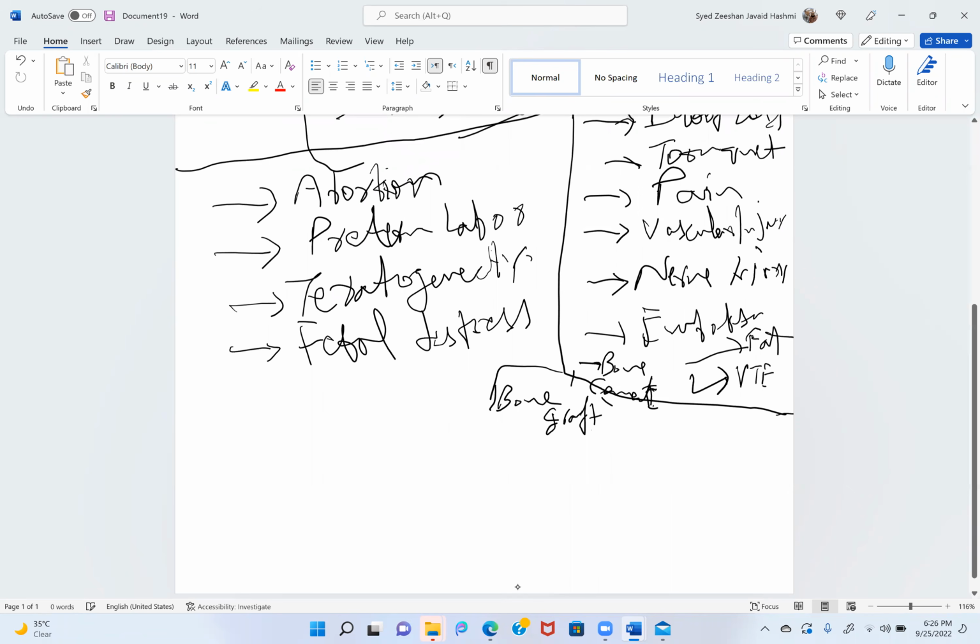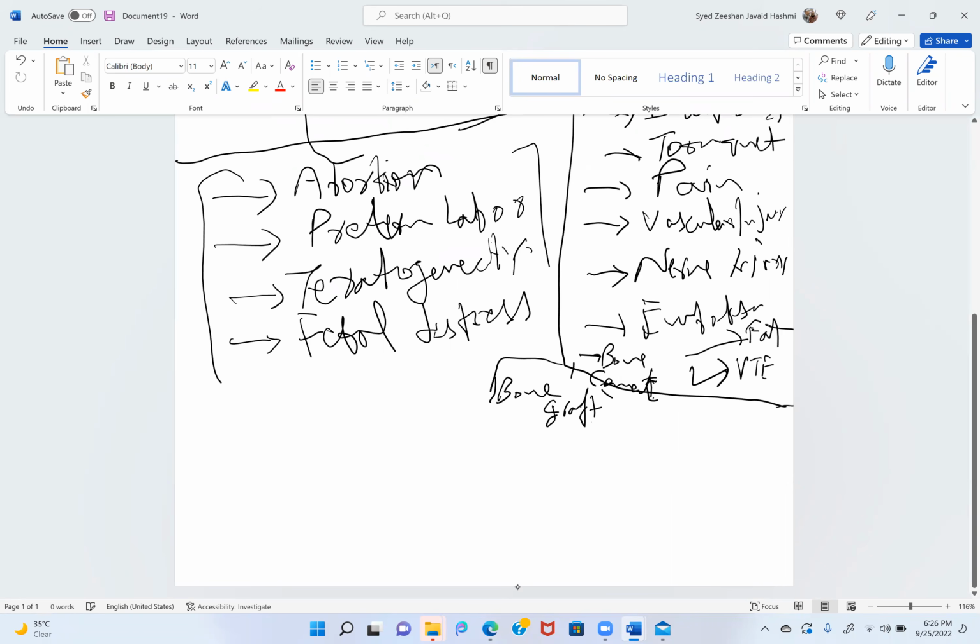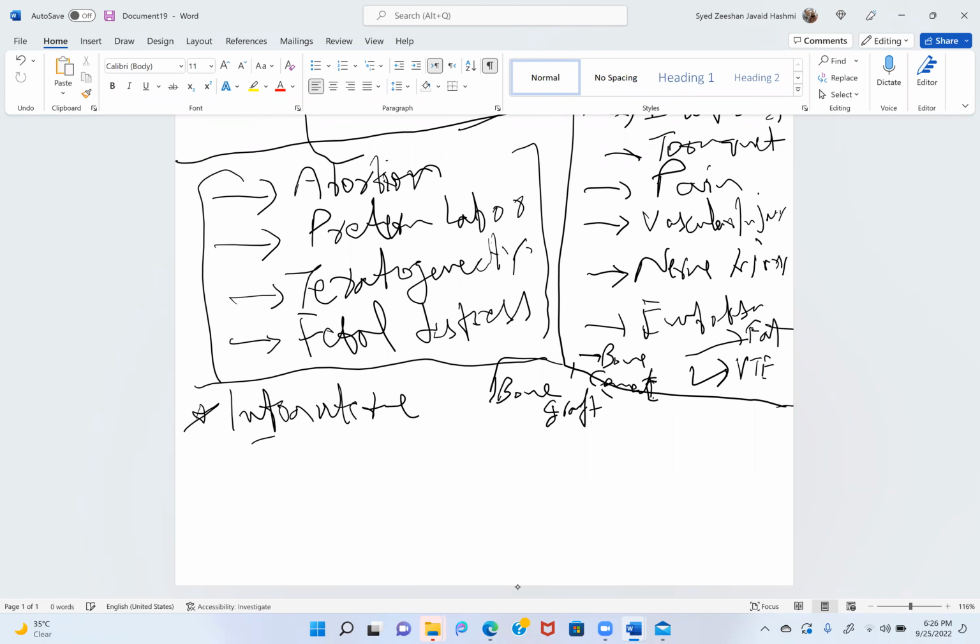These are the things which you can consider about the baby. If you want to help the baby from outside, there is a term for that. Have you heard about intrauterine fetal resuscitation? Any one of you? Yes, sir.